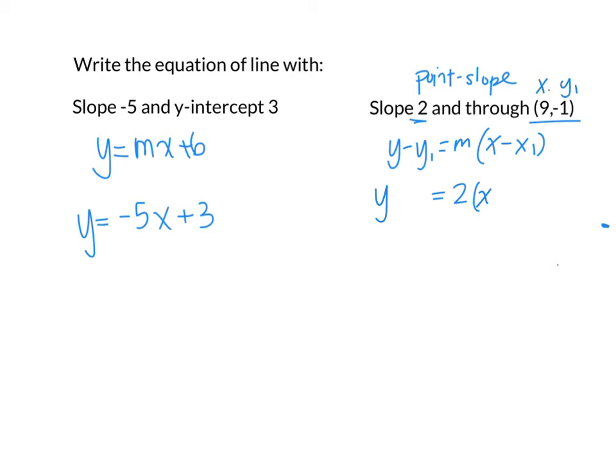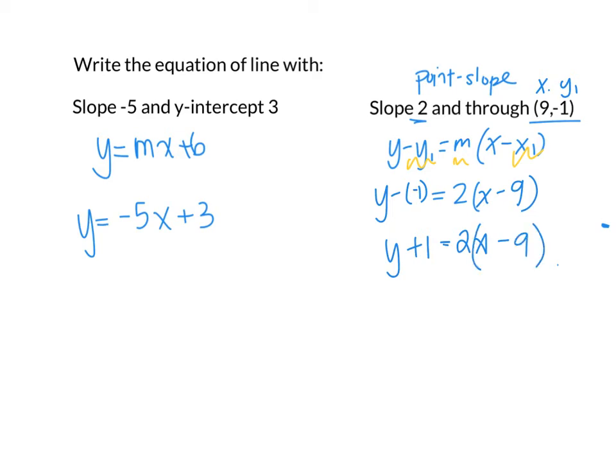My y1 is negative 1, so it's y minus negative 1 equals 2 times x minus 9. Just plugging in whatever I have there. So I'm taking out my y1, m, and x1. In order to simplify this, minus a negative is going to turn into positive. y plus 1 is equal to 2 times x minus 9.